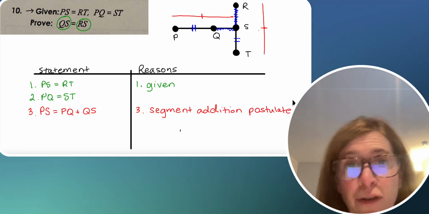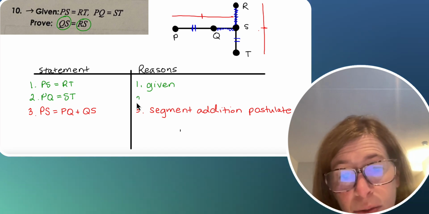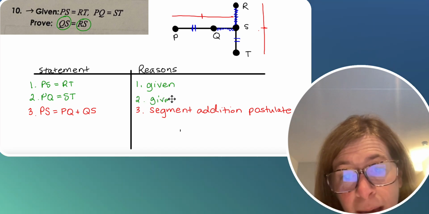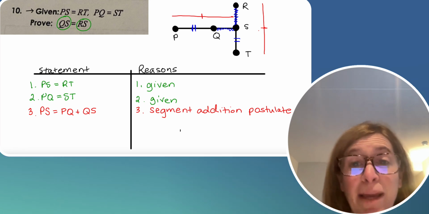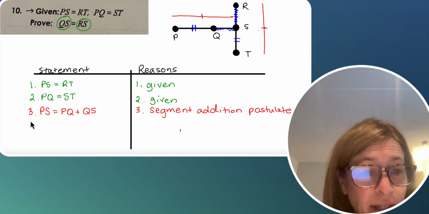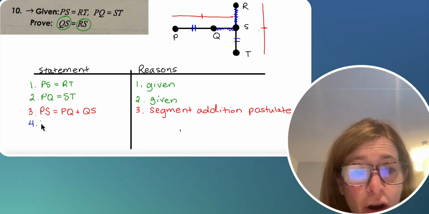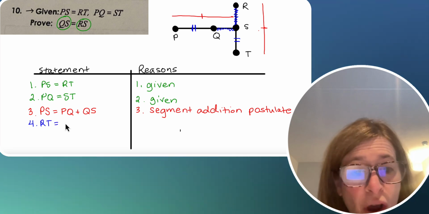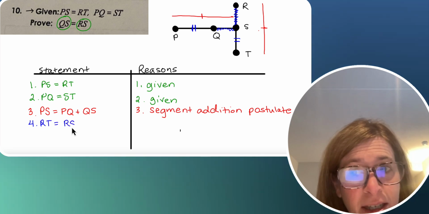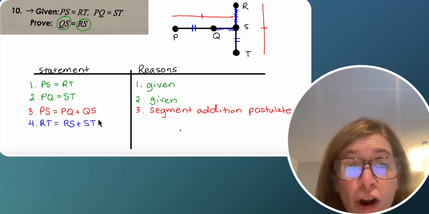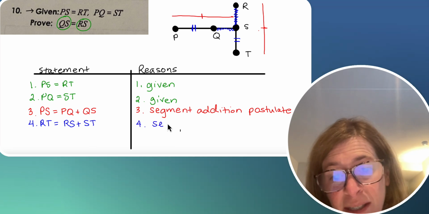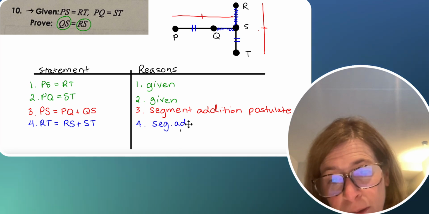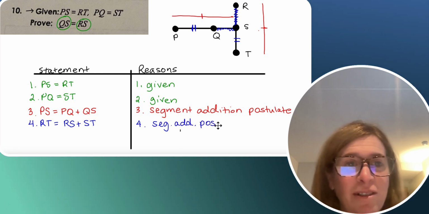I forgot my little given there, so let me fix that. 2 is given. So I broke up PS into the sum of its 2 parts. Now I have to do the same thing with RT. RT equals RS plus ST. So now I have RS in my proof, and that's the segment addition postulate. I'm just shortening it a little bit.